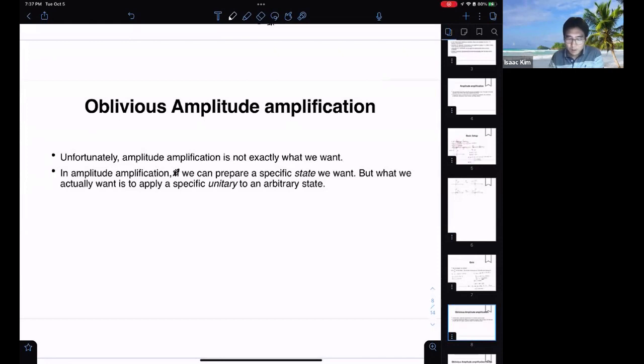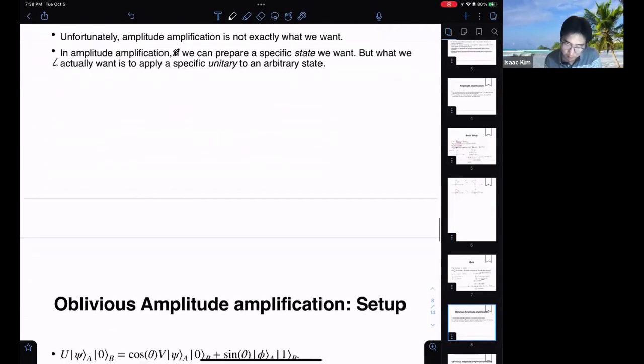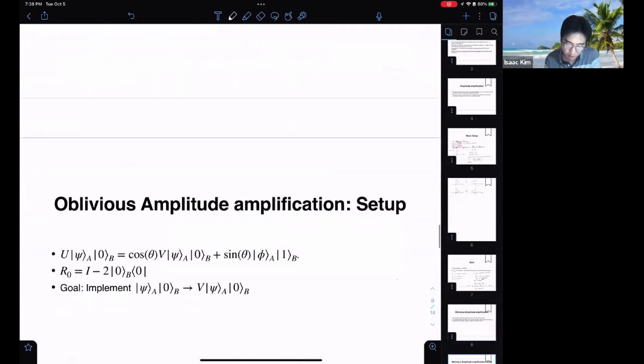But in Oblivious amplitude amplification, what we actually want is an ability to apply a specific unitary to an arbitrary state instead of preparing an arbitrary quantum state. And that's what the Oblivious amplitude amplification is trying to achieve.